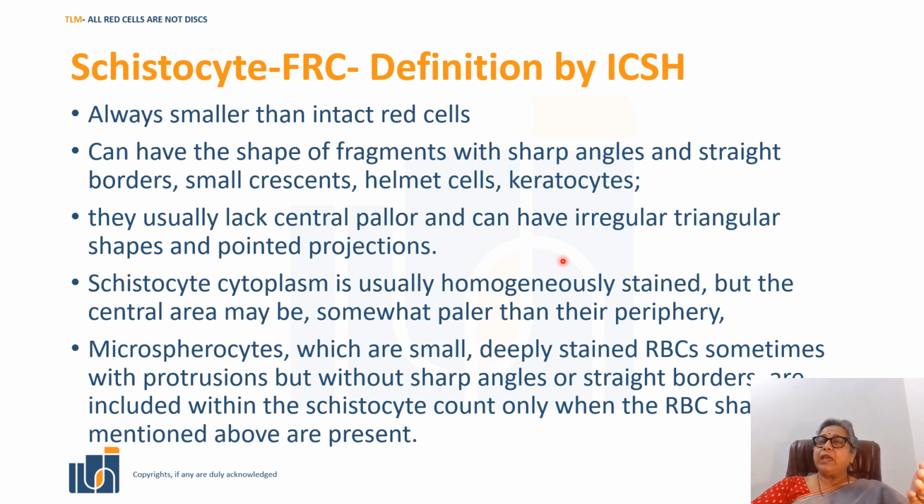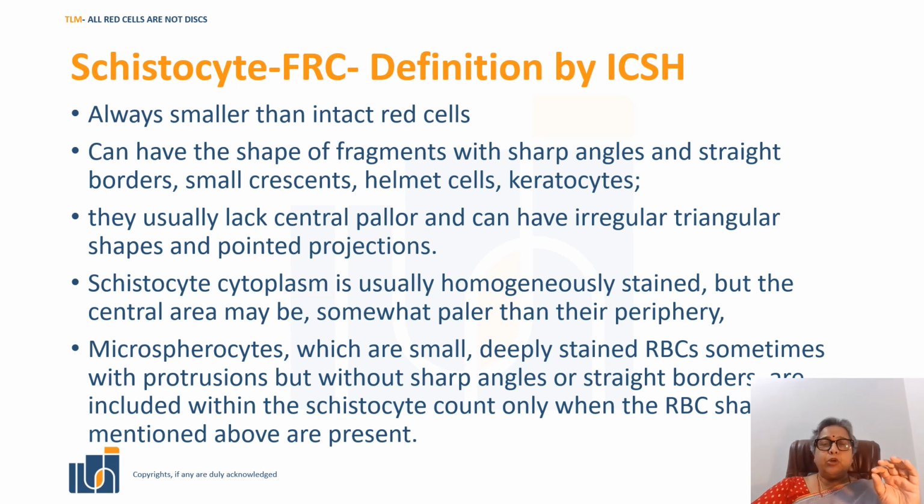And then if you find such cells, which just look small and spherical, without any spicules anywhere, you will include them in your schistocyte count, but only if the various other cells that we described till now are present. This is not my definition. This is the ICSH guideline or the ICSH definition for a schistocyte.